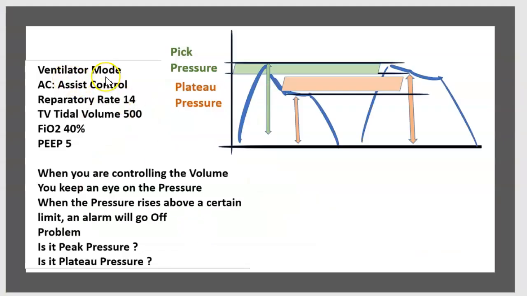In the ventilator mode assist control, respiratory rate is 14, tidal volume is 500, FiO2 40%, and PEEP 5. When you are controlling the volume, you keep an eye on the pressure. When the pressure rises above a certain limit, an alarm will go off. There is a problem. Is it a peak pressure or a plateau pressure? Here is about the peak pressure. Here is about the plateau pressure.